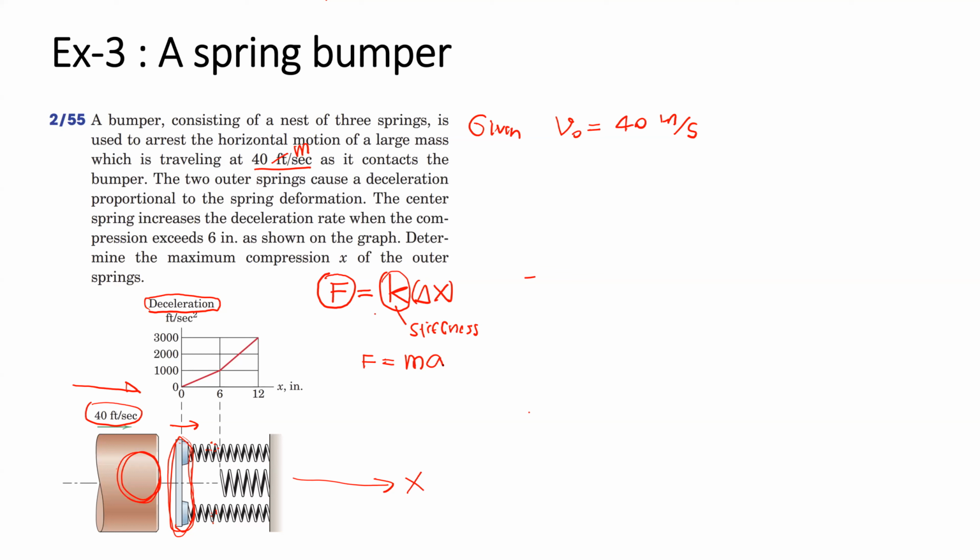So it seems the mass multiplied by the acceleration can be related to the spring constant and the spring displacement, which means that the acceleration itself can be written in terms of some constant spring stiffness divided by the mass and multiplied by the displacement.